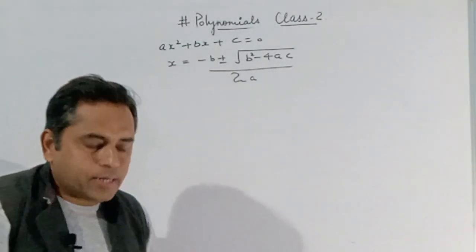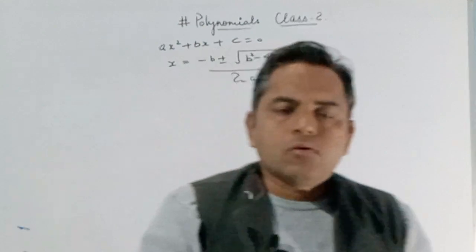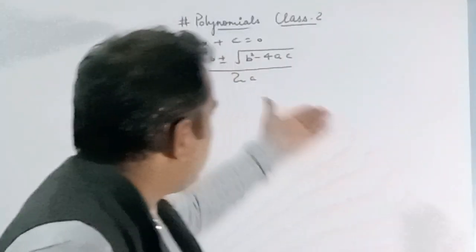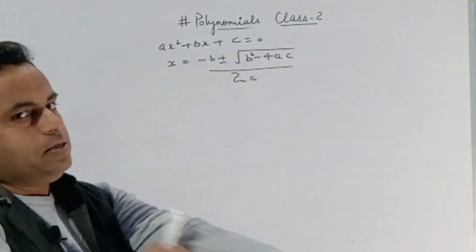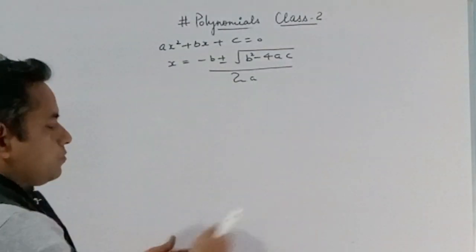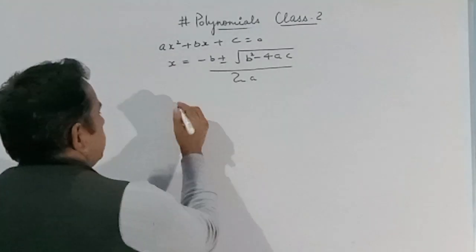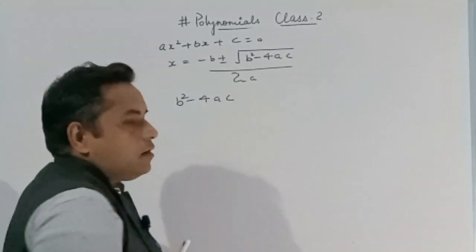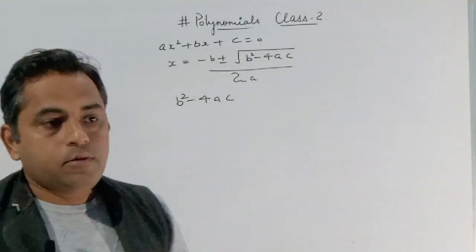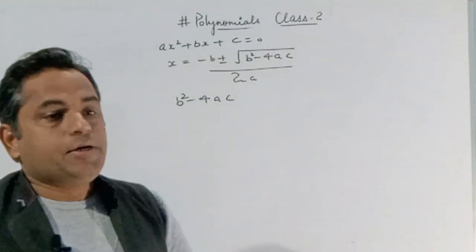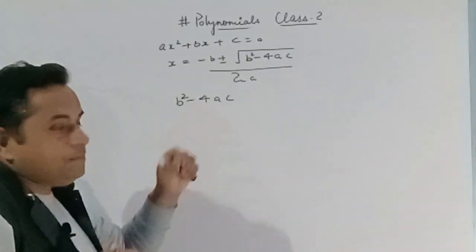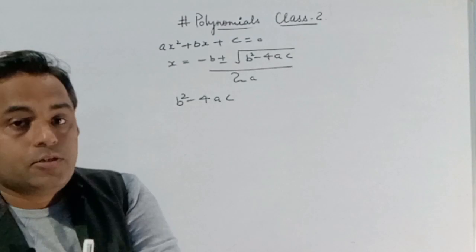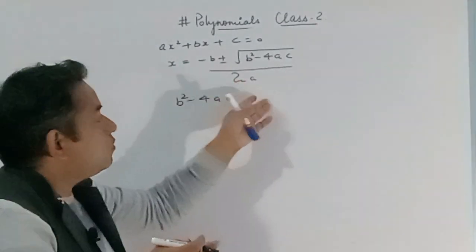If you are not able to find the zeros or roots by the factorization method or any other method, then you can also find them directly by using this result. Now see here, this term b square minus 4ac plays a very important role in finding the nature of the roots.